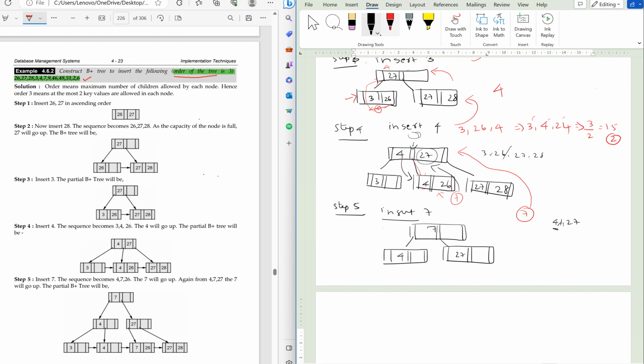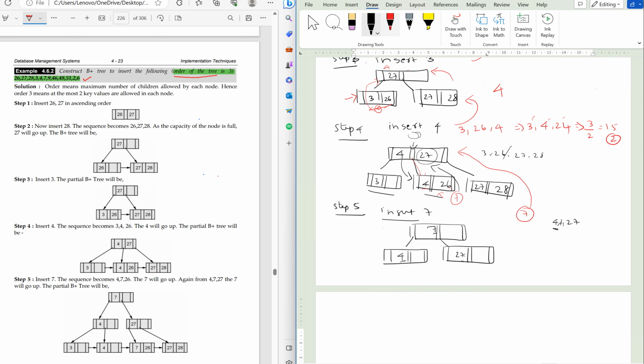Okay, then the remaining values, that is 3, 4, 26. And one thing, you may get confused because, as I said earlier, the values lesser than 7 should come on the left hand side, and the values greater than 7 should come here, and one copy has to be maintained, since 7 will be in the lower node, actually in the B plus tree.